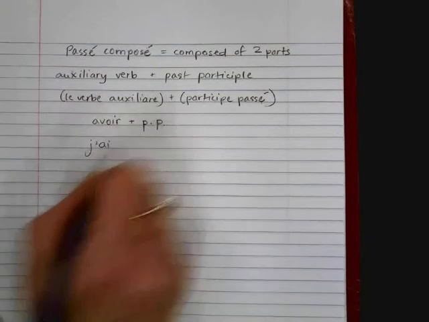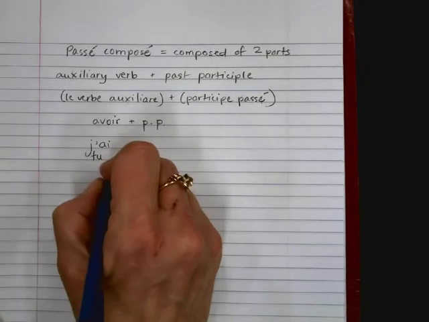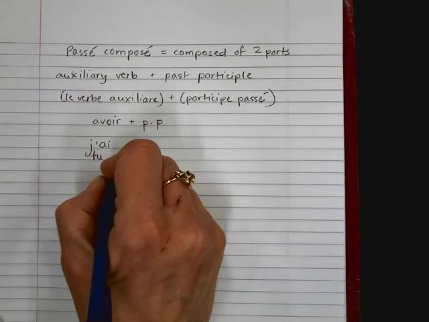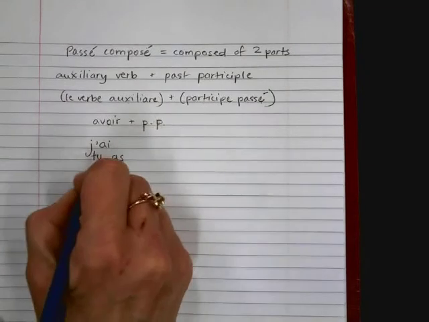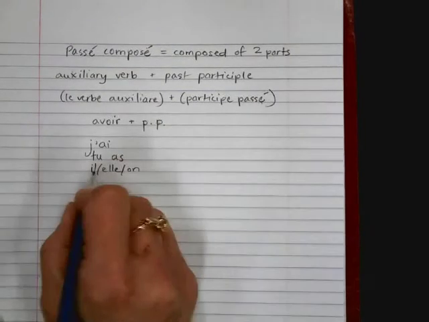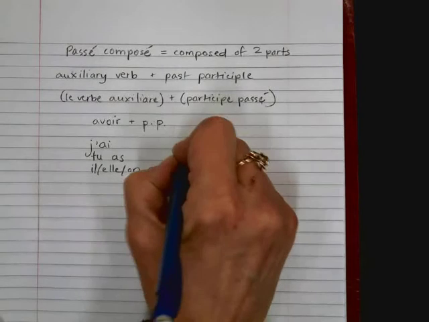Je. Everybody want to write these down just to help yourself review? Jeremy, what is it with tu? Oui, tu as. Il, elle, on. Michael, what is it with il, elle, on? Ah, très bien.